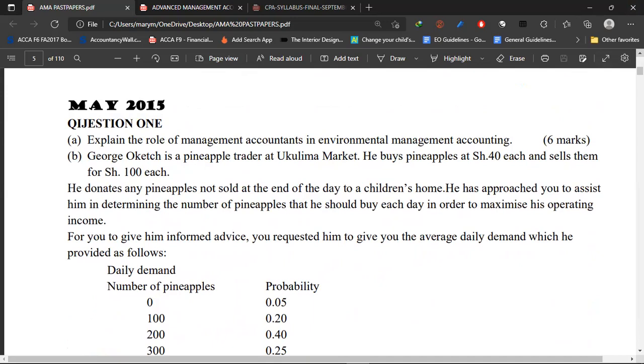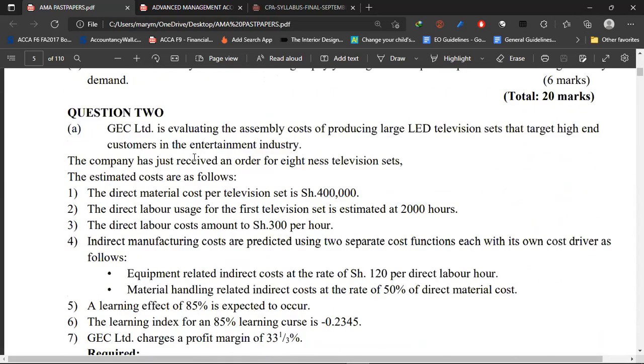And I told you that topic does not miss in an exam. Niliwapea some handout hapo. So explain the role of the management accountants in environmental management accounting. Nilikutumia handout ka environmental management accounting, and then you have 6 marks with you. 6 marks are there.